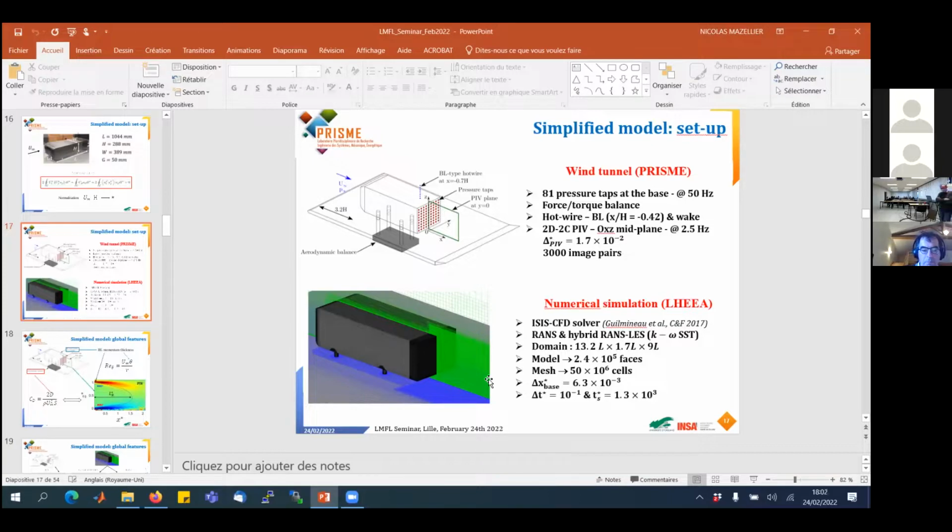Is there some research that investigates this effect and its effect on the drag?